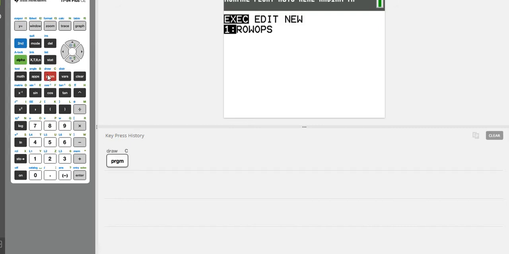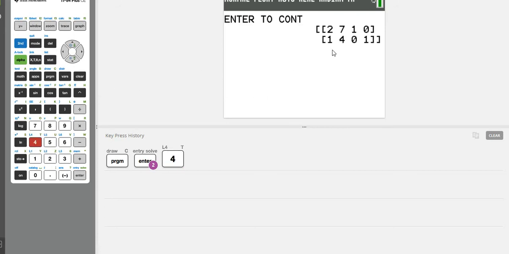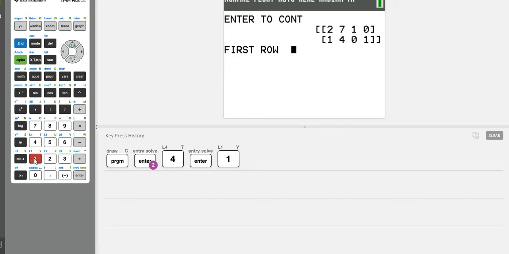So program, row ops, I put this on everyone's calculator, so we should be good. Select matrix. I've put this in matrix D, so I'll select matrix 4 right there. And it makes it pretty easy. So the first thing I wanted to do was swap row 1 and row 2. So I'll pick row swap, row 1 with row 2.